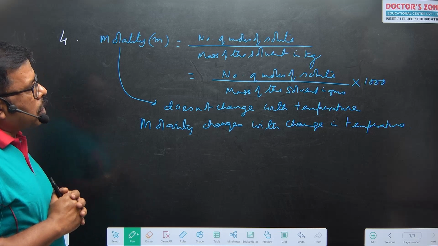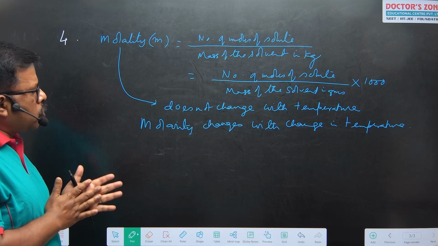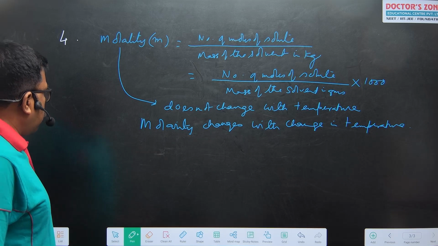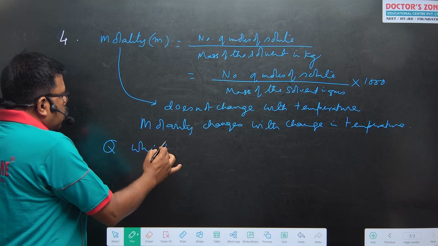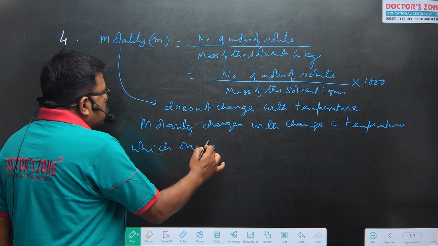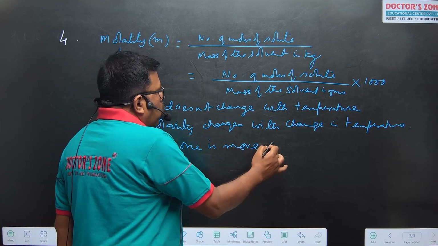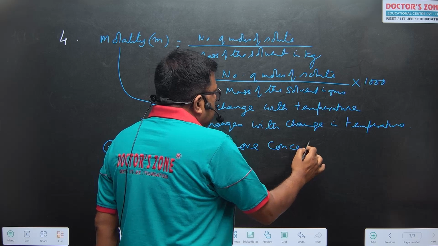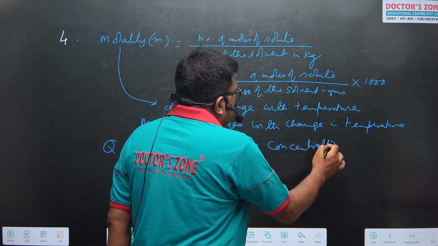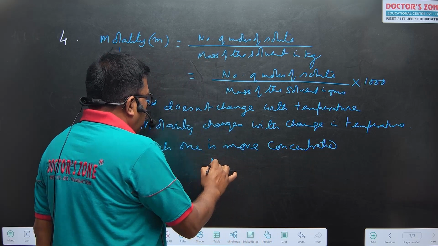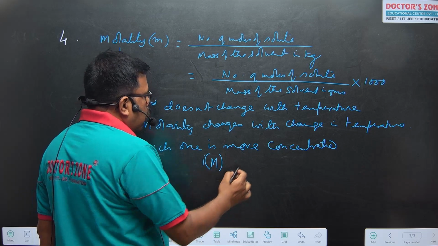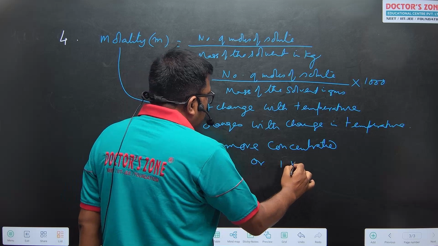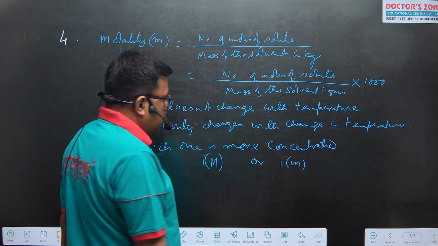अभी एक क्वेश्चन जैसे काफी बार पूछ चुका है. सपोज दिस क्वेश्चन, वेरी इंपॉर्टेंट क्वेश्चन, विच वन इज मोर कॉन्सेंट्रेटेड? वन मोलर और वन मोलल solution.